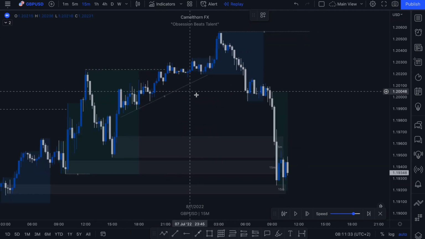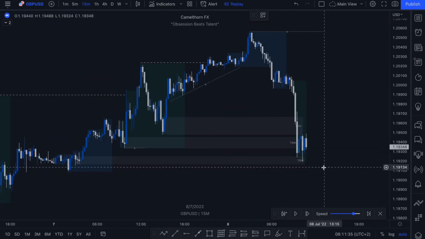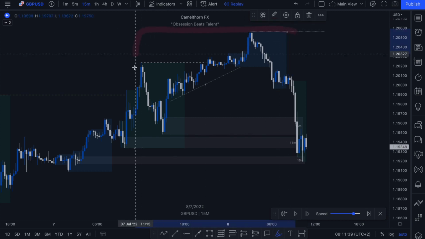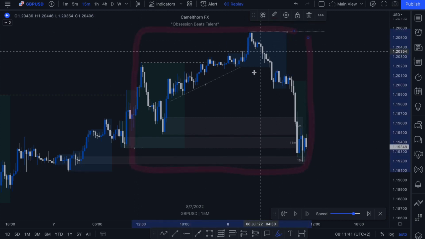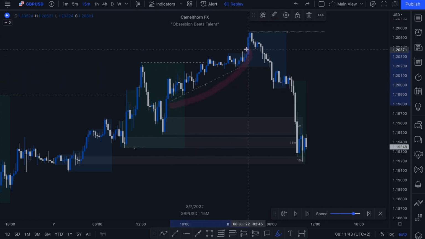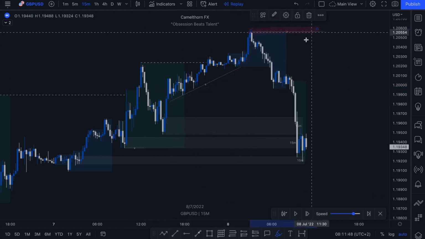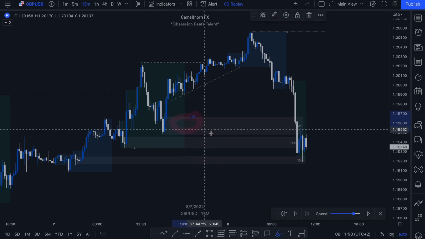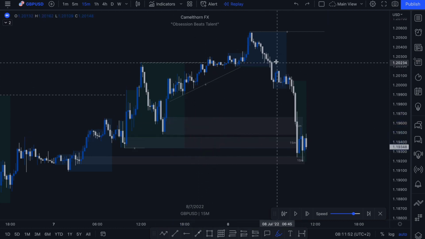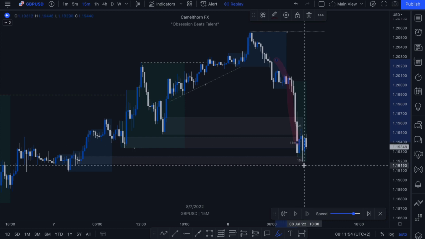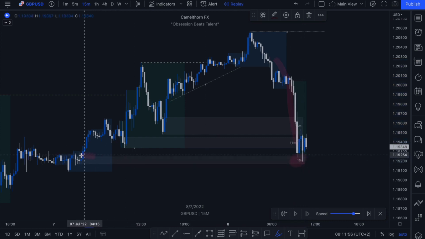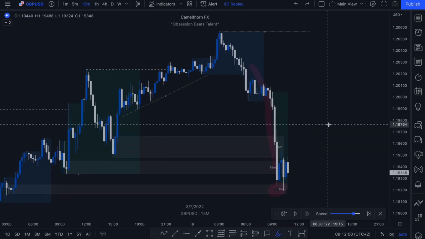So as recently as Friday, the 8th of July, you would have seen this particular scenario playing out where liquidity was generated in the form of trendline liquidity, in the form of session highs, in the form of supply and demand levels. And you would have seen price action being pushed down to mitigate a level that was previously unmitigated and fill imbalance that was previously unfilled.